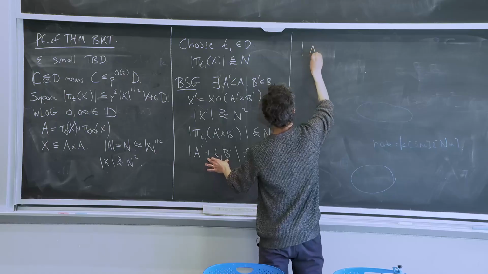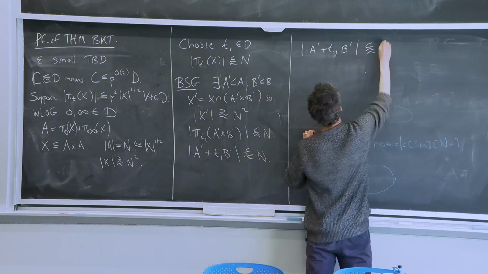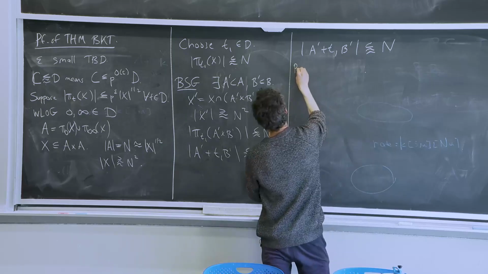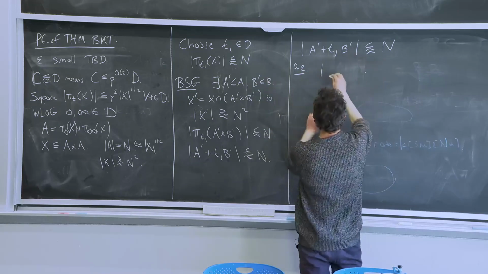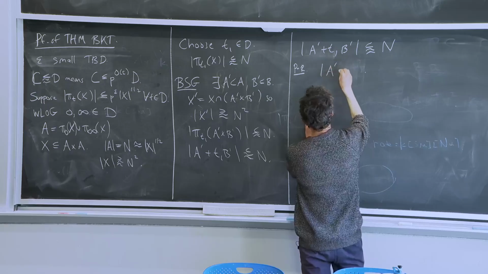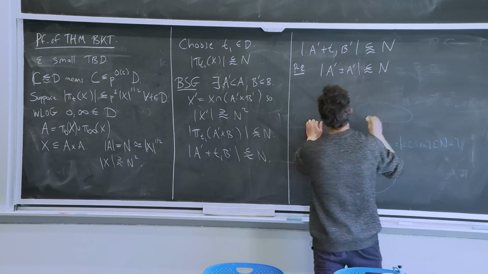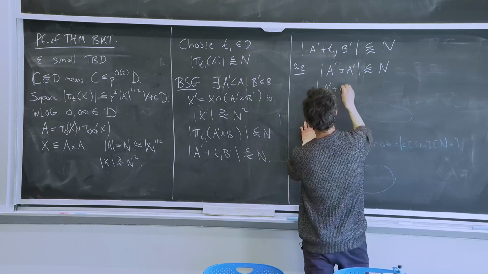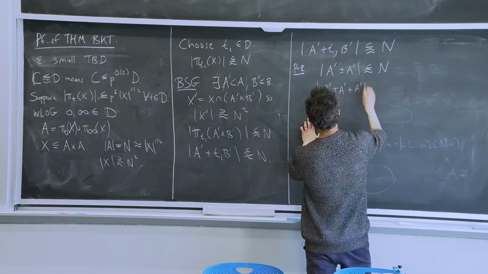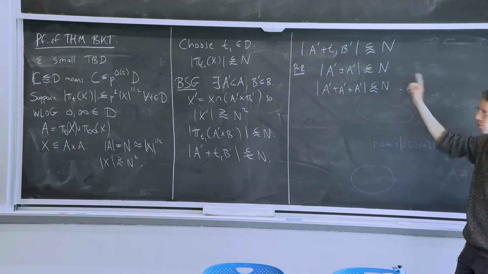Once we know that A' plus t1 B' is small, the Plünnecke-Ruzsa inequalities tell us that lots of other things are small. So for example, A' plus or minus A' is also small. If I wanted to, I could do a triple sum, A' plus A' plus A' is also small, and so on. You could do the same with B'.